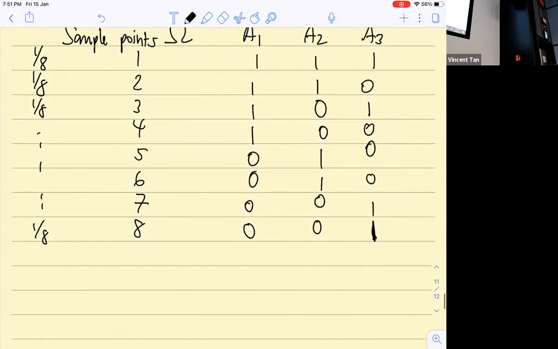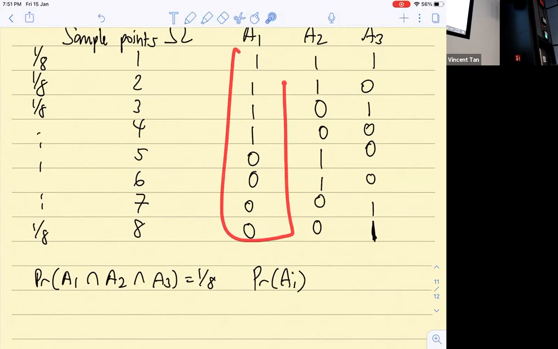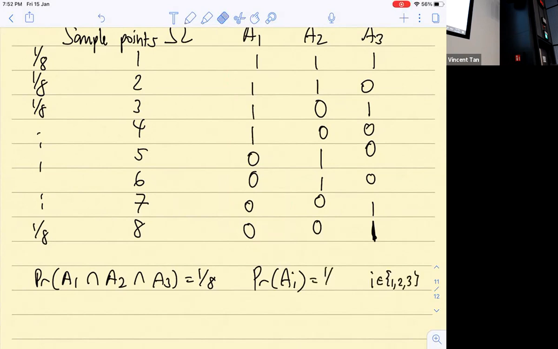Let's calculate a few numbers. The probability of A1, A2, A3 together I already said is 1/8. Look at the first row. For the probability of each Ai, you look at these columns here. There are 4 ones out of 8 possibilities altogether. So no matter what i is, for i running from 1 to 3, this is 1/2.